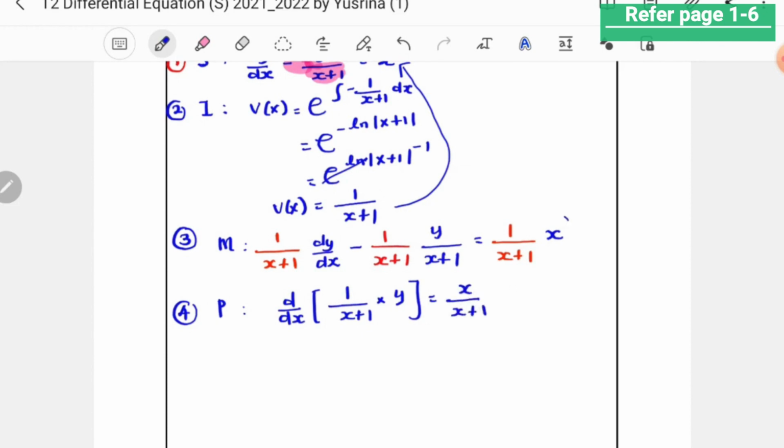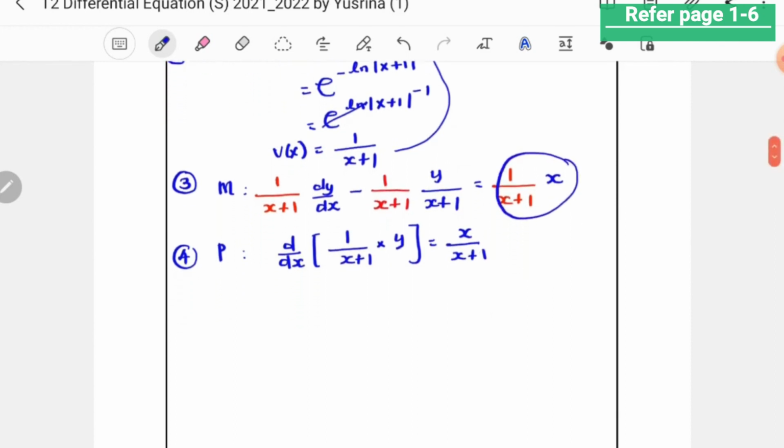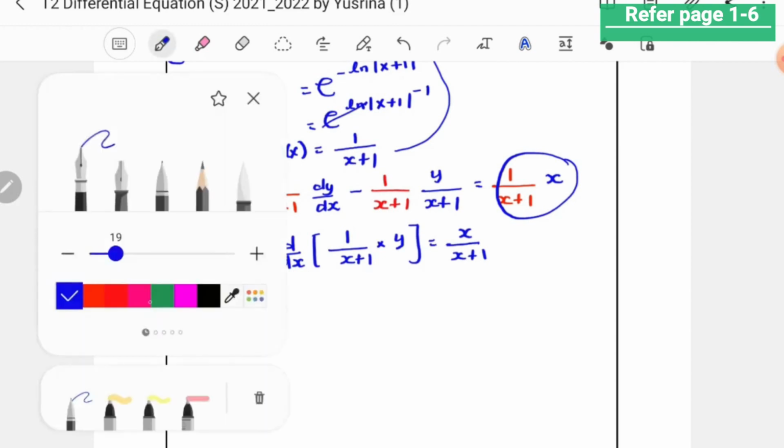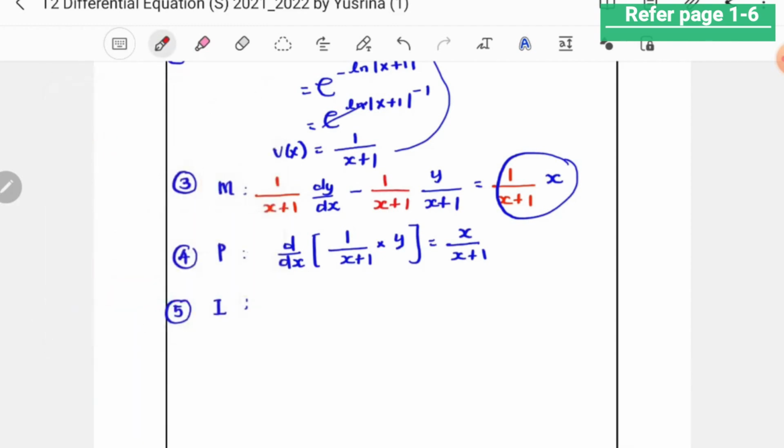Next, step number 5 is I: integrate both sides, and don't forget, followed by dx.